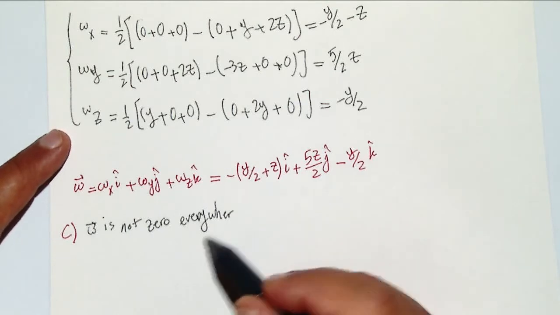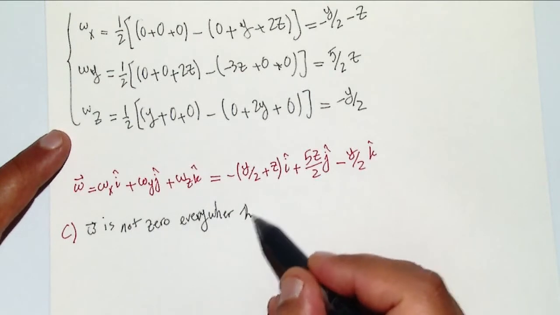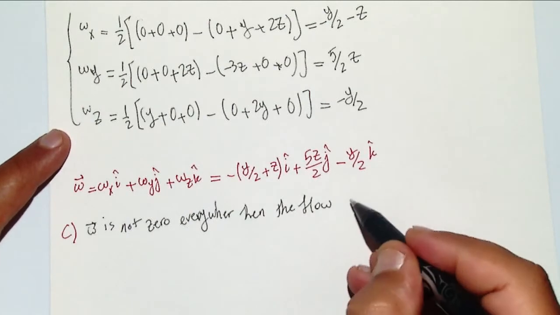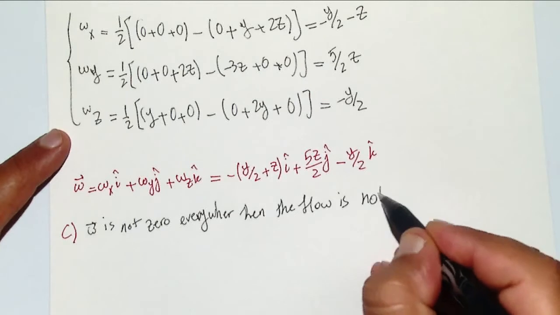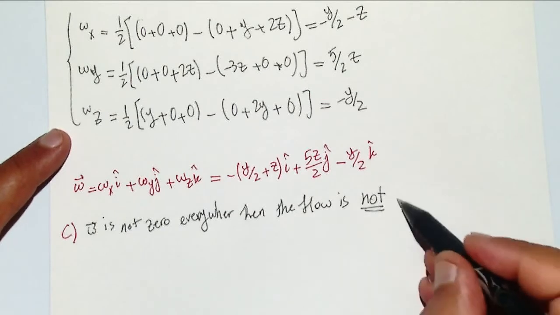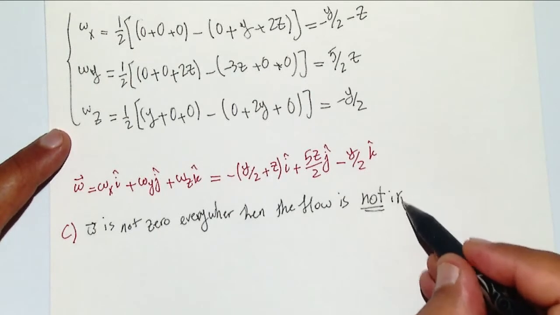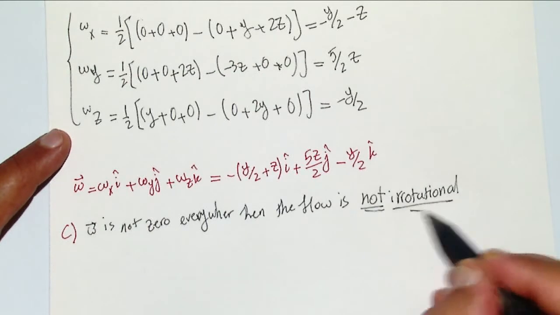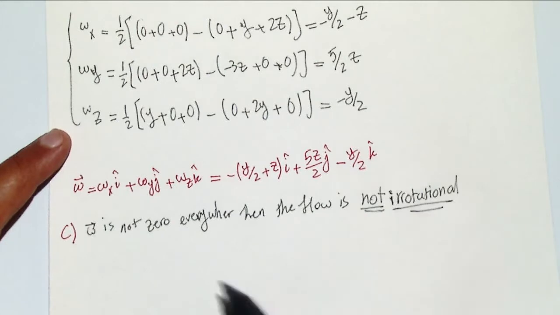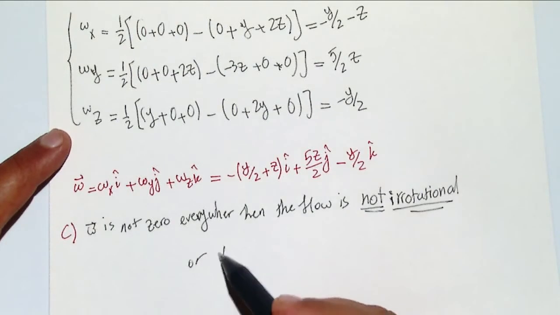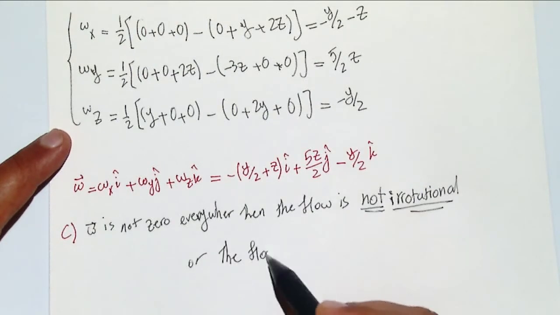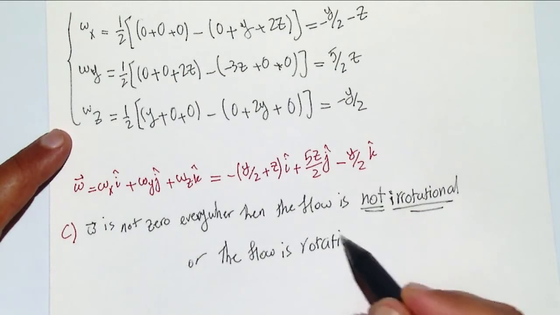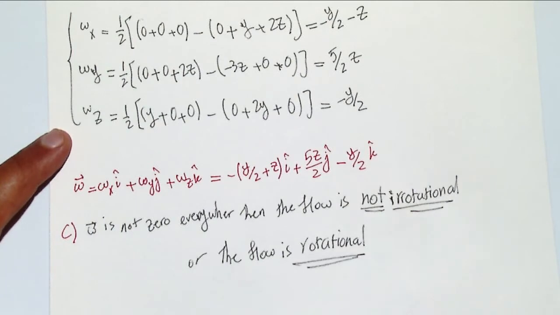So it's not 0 everywhere, then the flow is not irrotational, or you can say that the flow is rotational. That's the interpretation of that.